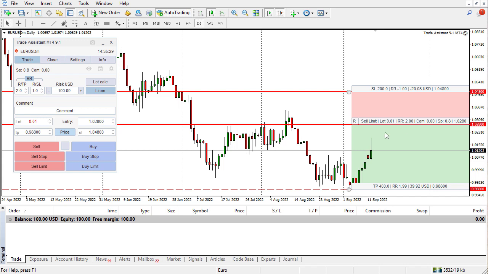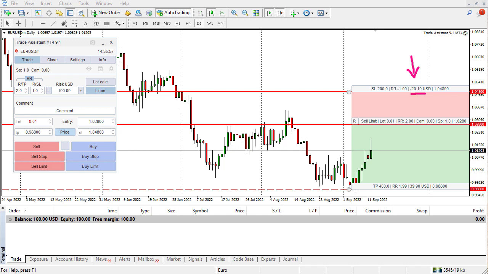All right. So as you can see from this example, if we wanted to take this trade, even with the smallest lot size on this account, we would still be risking around 20% of this account's capital. Why? Because this trade, even with the smallest lot size, is still going to cost us around $20. And it's never in line with proper risk management for you to risk 20% of your trading account's capital on a single trade.